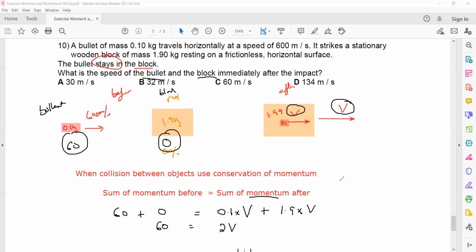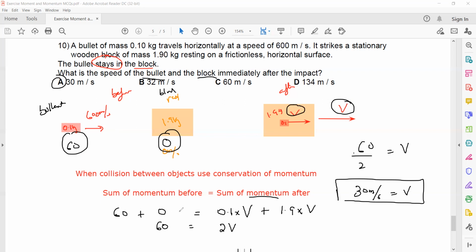This 2 is multiplied, on the other side it will divide, so it will be 60 divided by 2, and that is equal to 30 meters per second. So the speed of the block and the bullet is 30 meters per second after the collision.